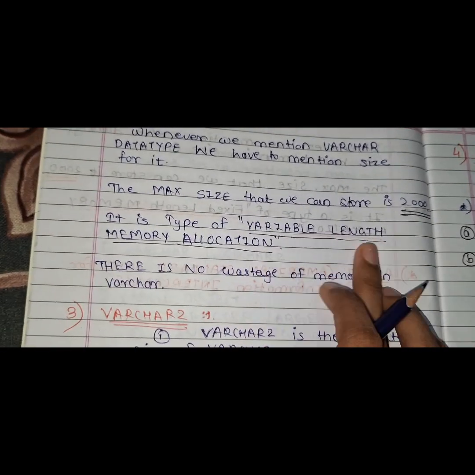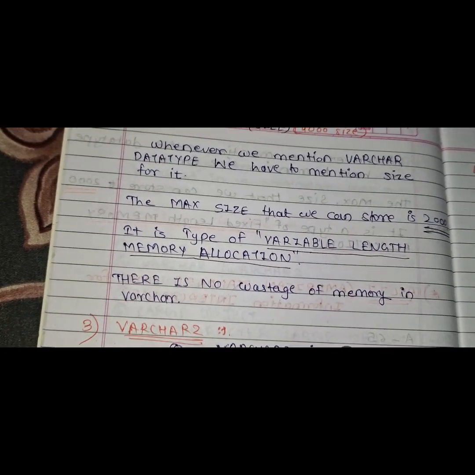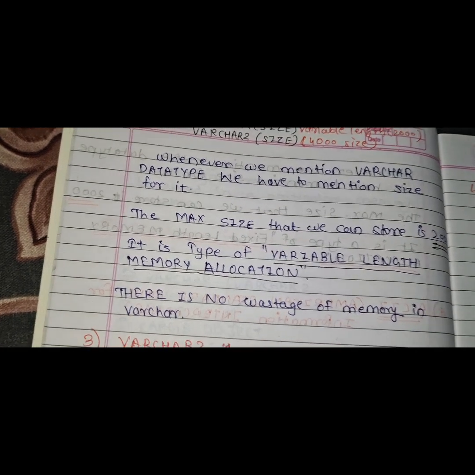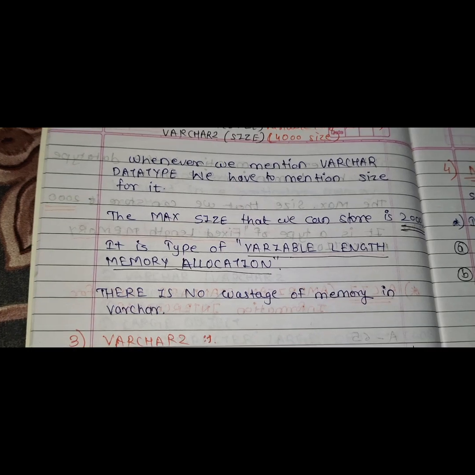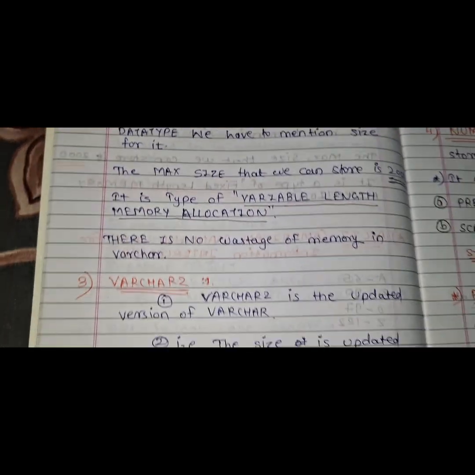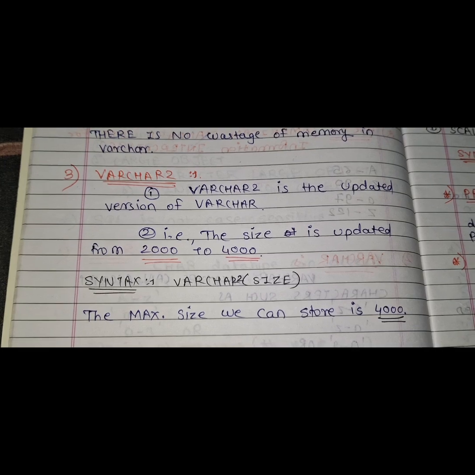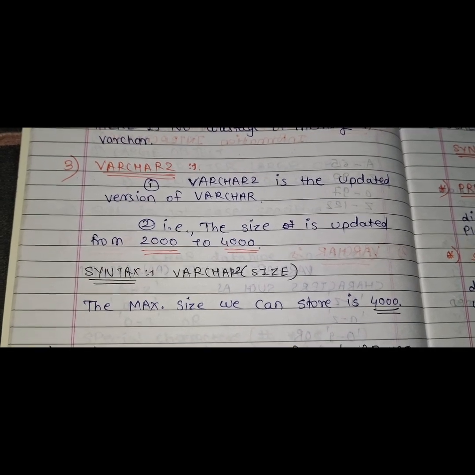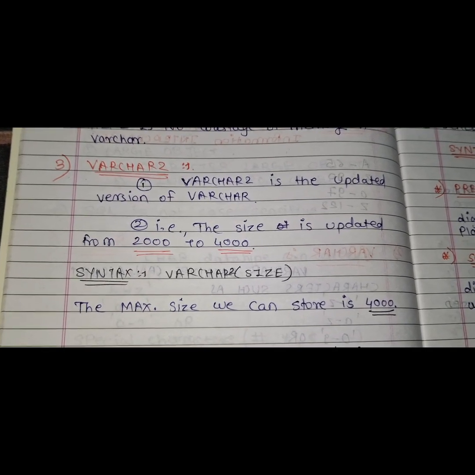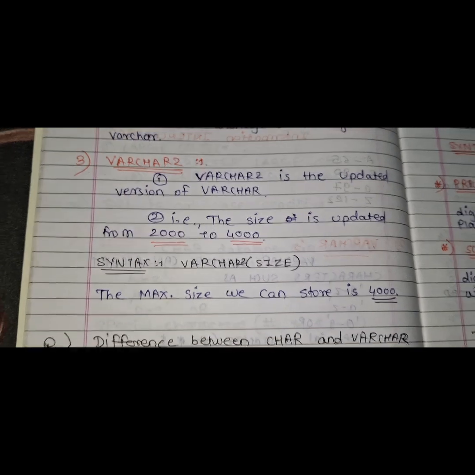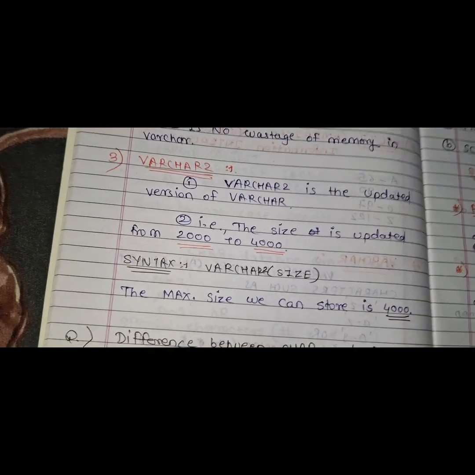But in variable length memory allocation, only the required memory will be used and the remaining will be kept for future use. Therefore, there is no wastage of memory in varchar. Let's understand varchar2. Varchar2 is an updated version of varchar. The size is updated from 2000 to 4000. Remaining all things are the same.